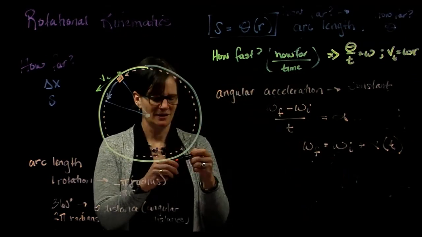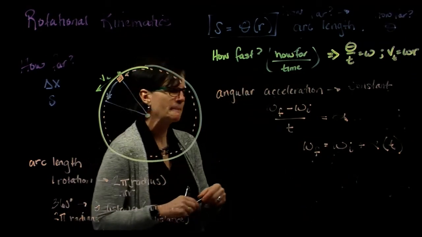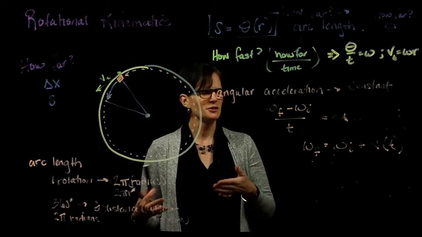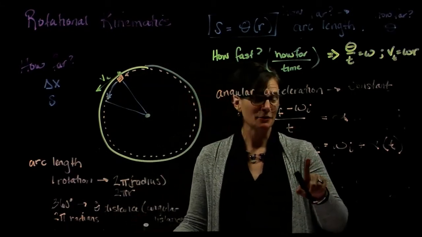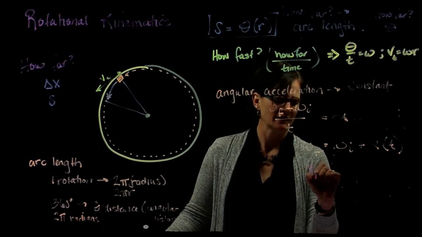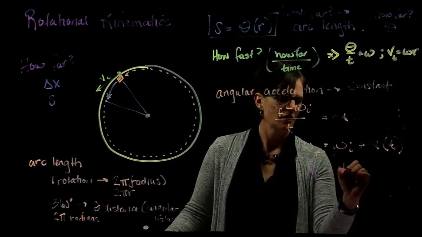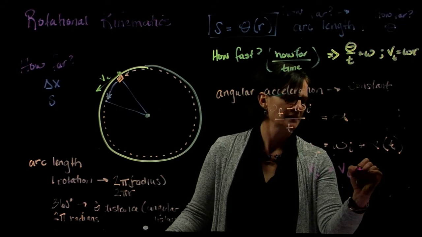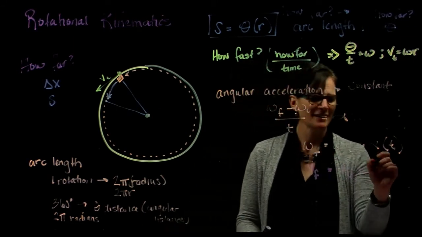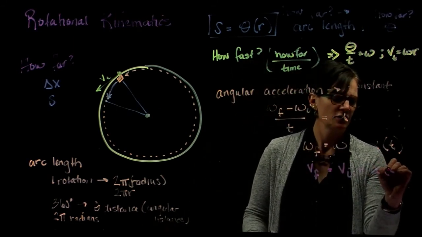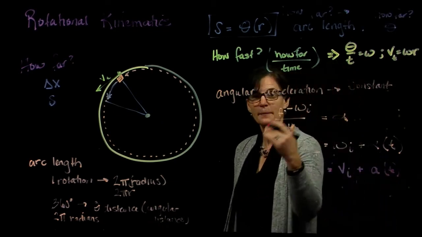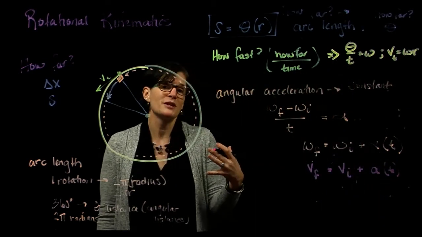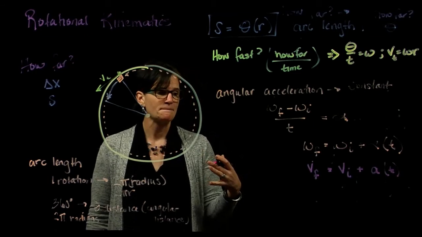It was one of the relationships we had in the translational world. So instead I'm looking at translational velocity, and I turn all my angular velocities into translational velocities and my angular acceleration into translational acceleration. We see a parallel to our powerful equations that we use for kinematics.